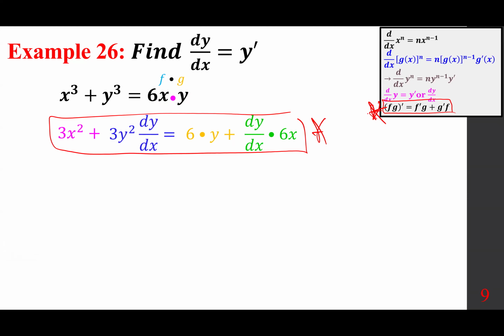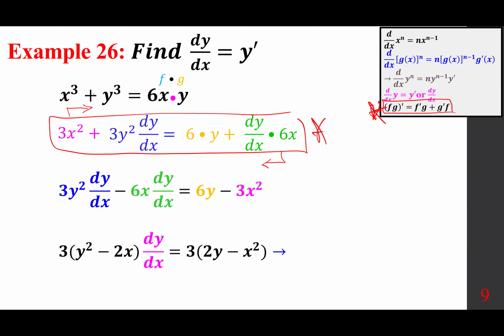Now we use algebra to finish the job. To do so, we are going to move things around. This moves this way and becomes minus 6x dy dx. This moves to the right and becomes minus 3x squared. On the left side, we are interested in factoring dy dx. However, there's a common factor of 3 on both sides, so before moving anything, just drop the common factor of 3. You're dividing by 3 in essence.